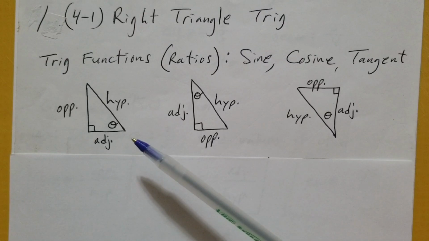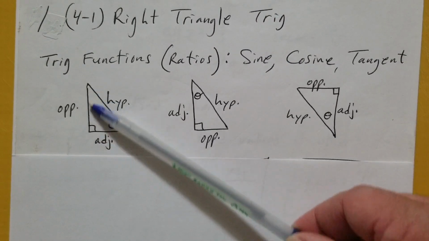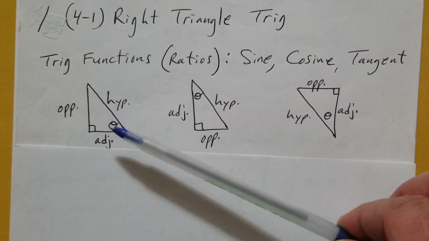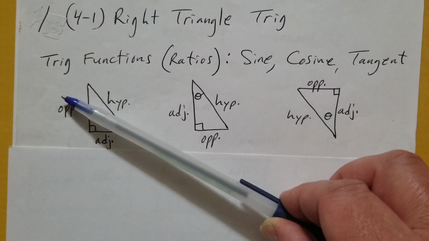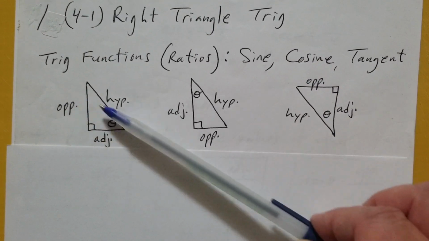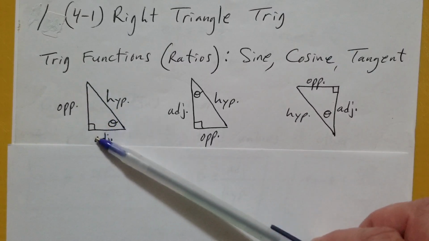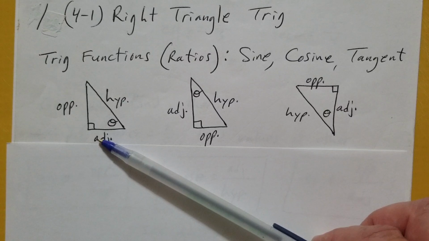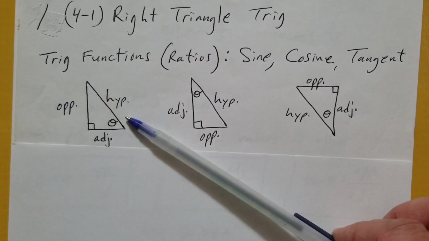Okay? So if we are looking from this angle, this side over here, far away, right? Imagine this is an eyeball and it's looking across the room. Across, opposite, the opposite side of the room. So that's the opposite side. Right next to it is the adjacent. Okay? Opposite, adjacent, and the hypotenuse is always the hypotenuse.